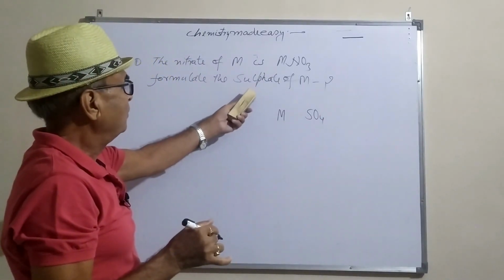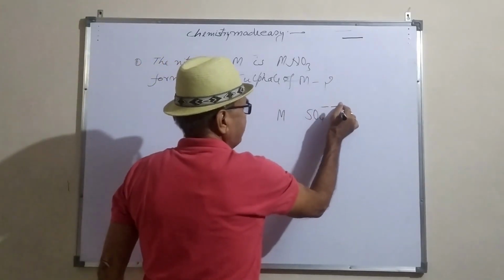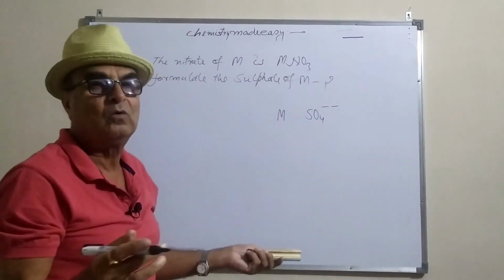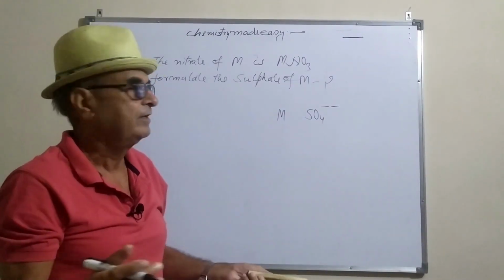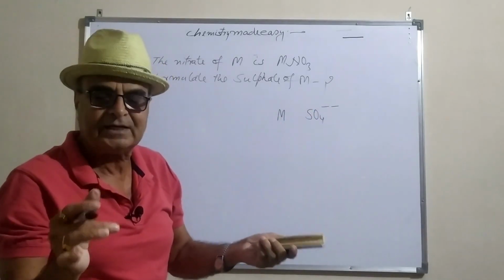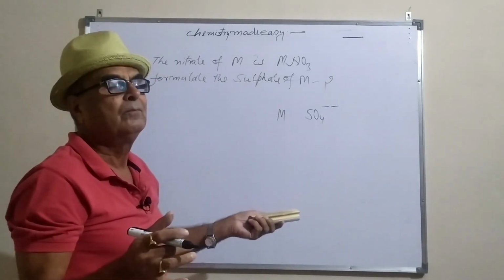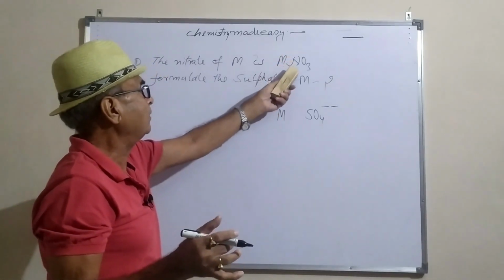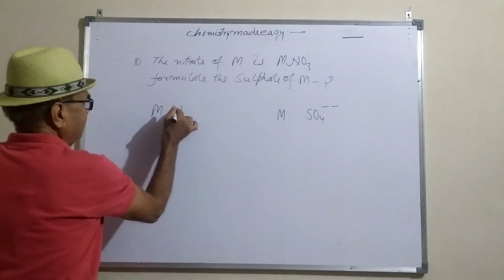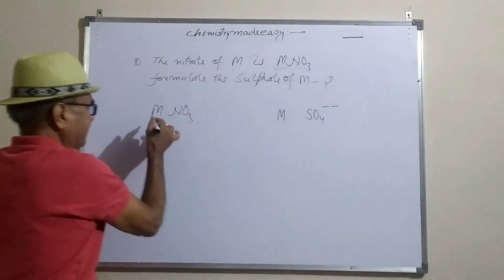Here you know the sulfate has 2 negative charge, but you don't know what is the charge of M. So come to this formula, MNO3.